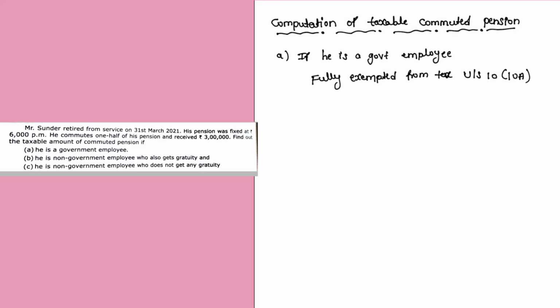Second case, B. If he is a non-government employee who also gets gratuity.